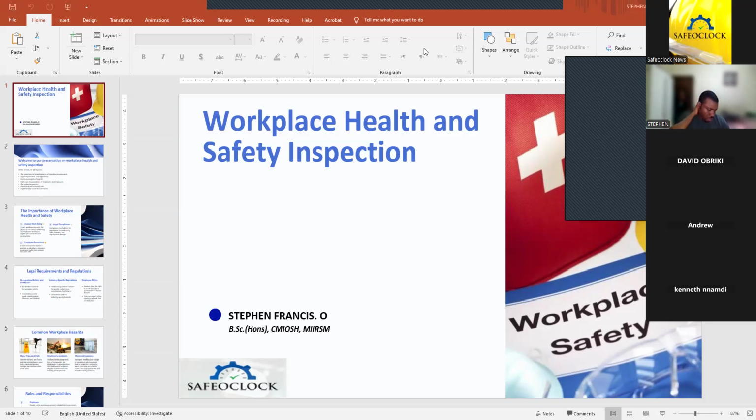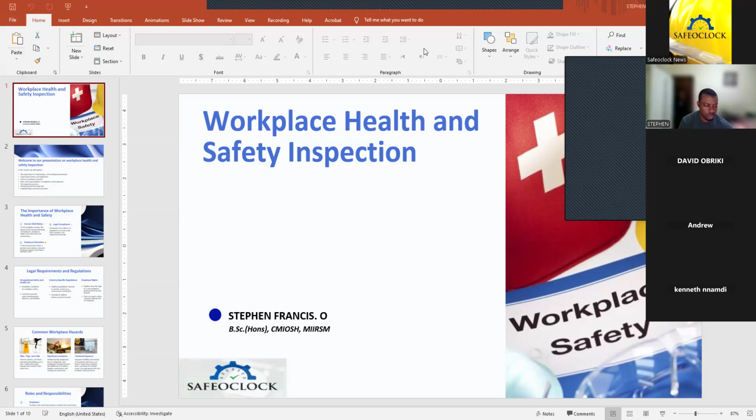Some of these walkthrough exercises are supported with the use of safety inspection checklists, just to ensure that they are able to cover all the aspects as they go out to the workplace.